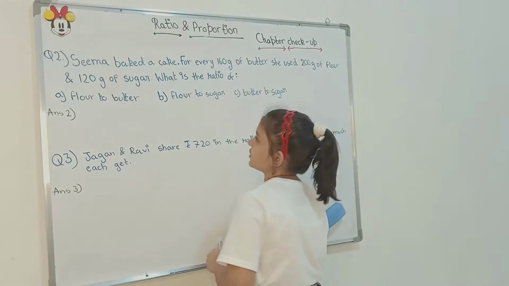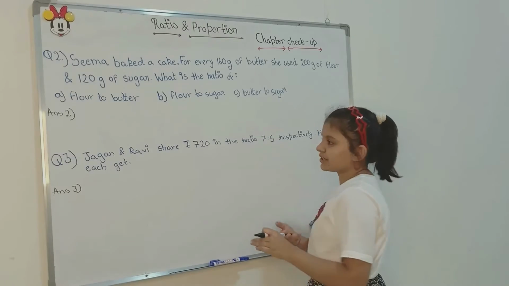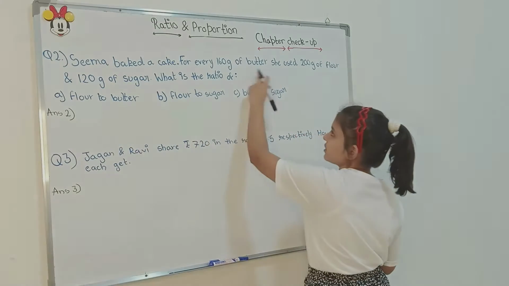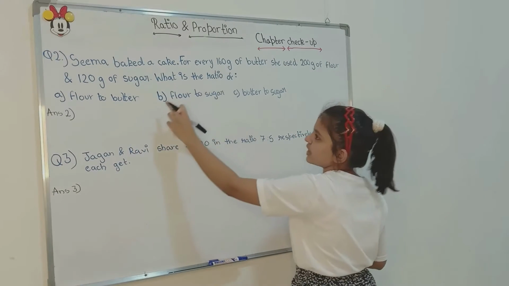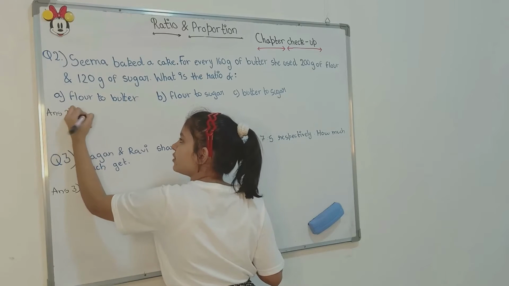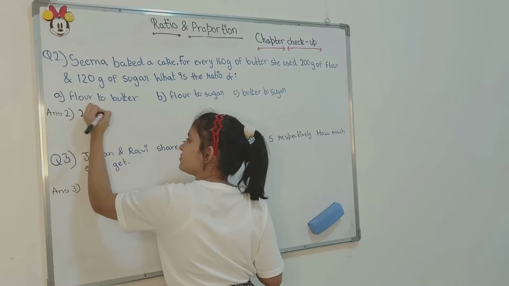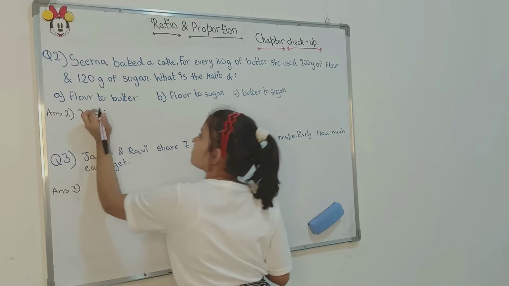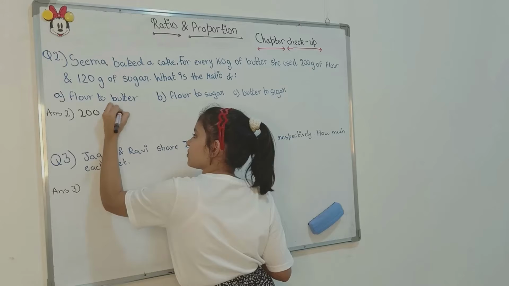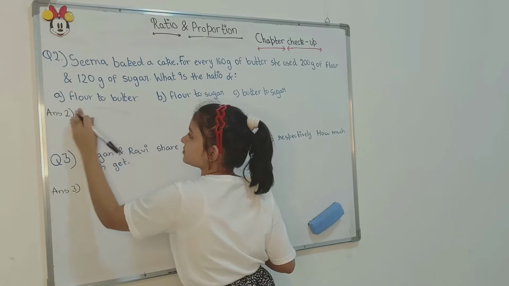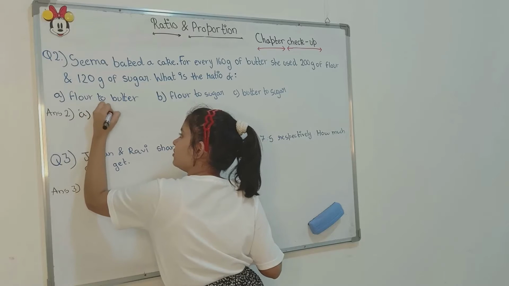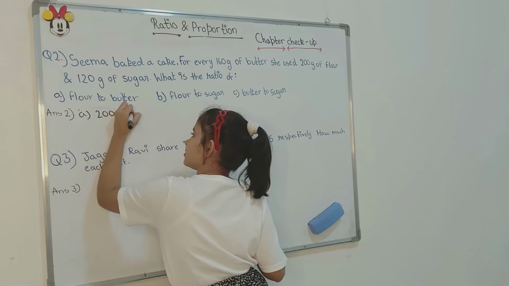So this is very easy. We'll just write the numbers and then bring them to their lowest form. First, flour to butter. Flour was 200 and butter was 160, so 200 is to 160.